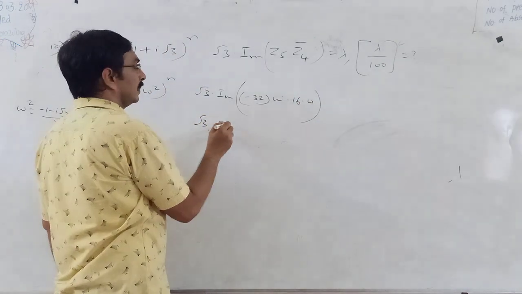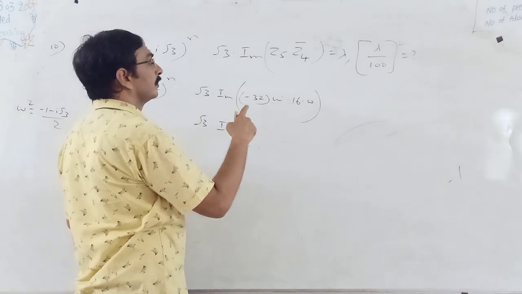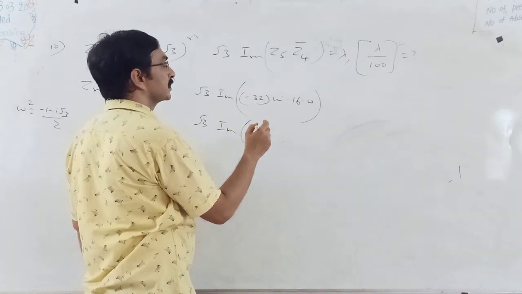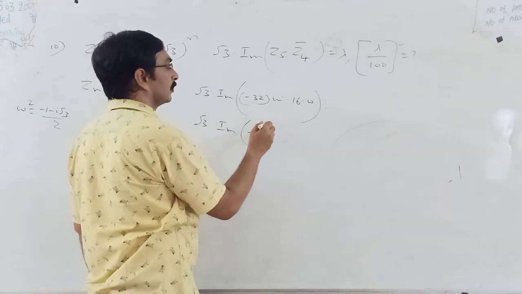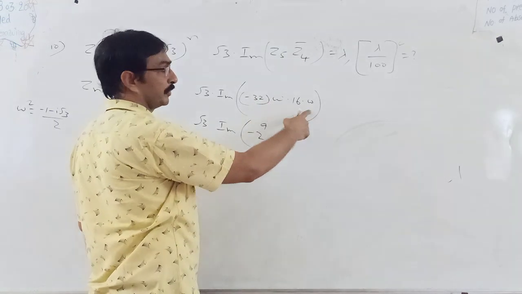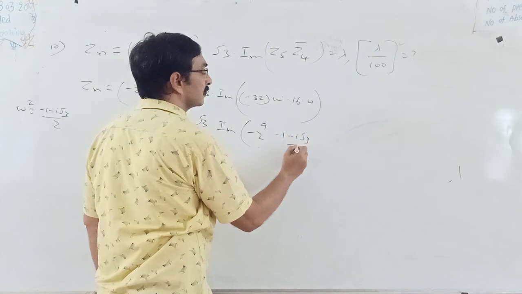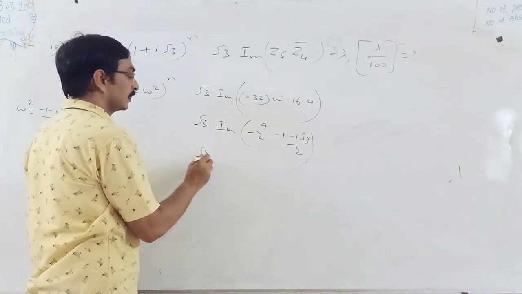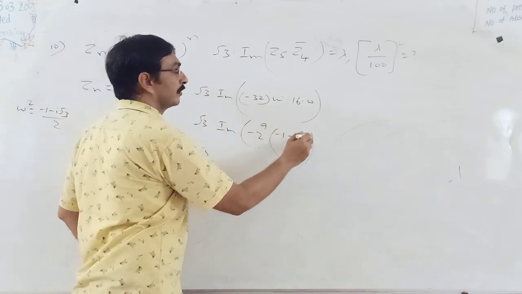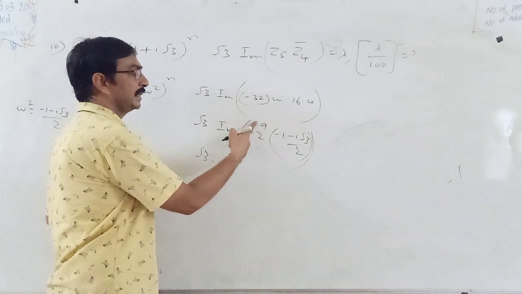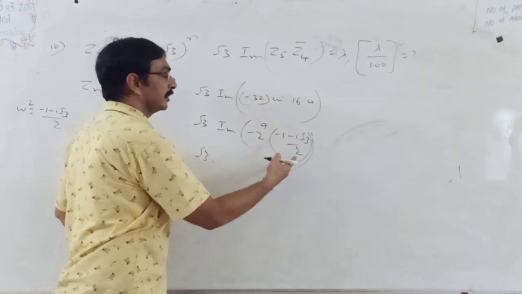Equal to root 3 into the imaginary part of minus 32 into 16. Minus 2 power 5, 2 power 4, 2 power 9. Omega and omega square value is minus 1 minus i root 3 by 2. Now the imaginary part of this number is minus 2 power 9 into minus root 3 by 2.